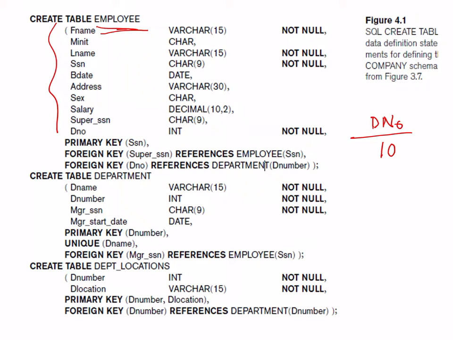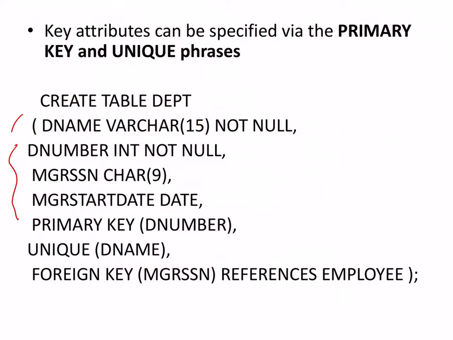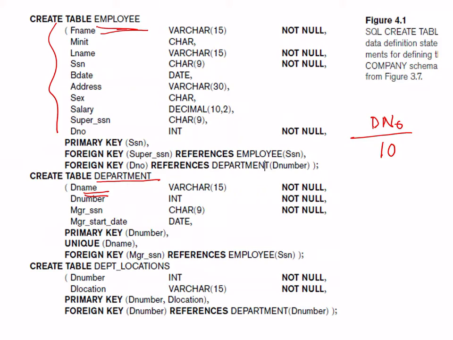But then when I visit the department table to check which is department number 10 and what is the name of the department, I search and find that there is no department with department number 10.